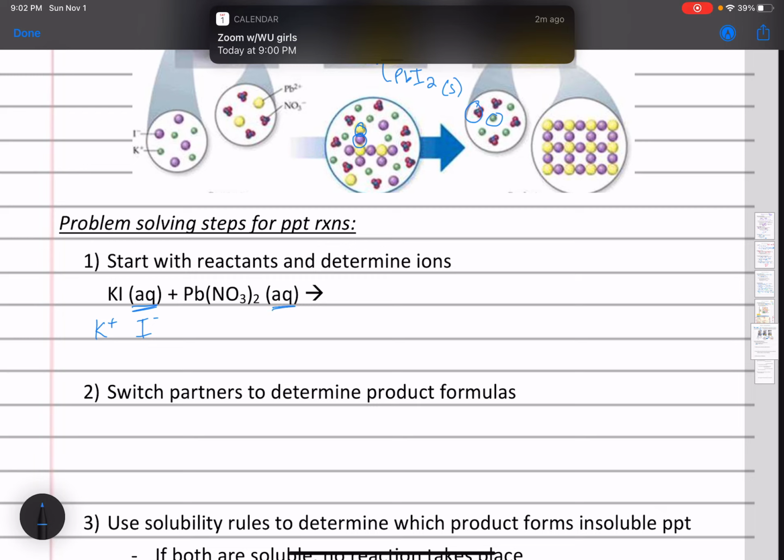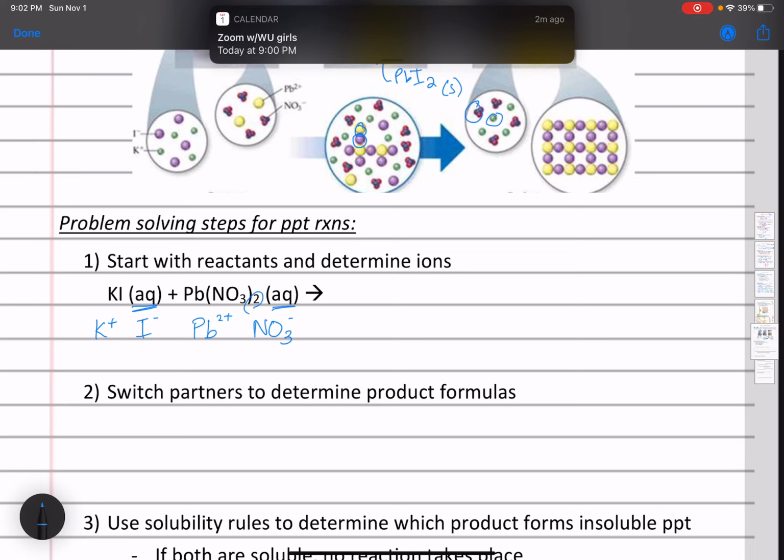And lead nitrate, since it's in aqueous form, is really just a combination of lead ions and nitrate ions. Nitrate has a 1- charge, so that means lead in this case must have a 2+ charge. Lead is a transition metal, so we have to figure it out from this formula. We can't just look at the periodic table. So we know what ions are in these solutions.